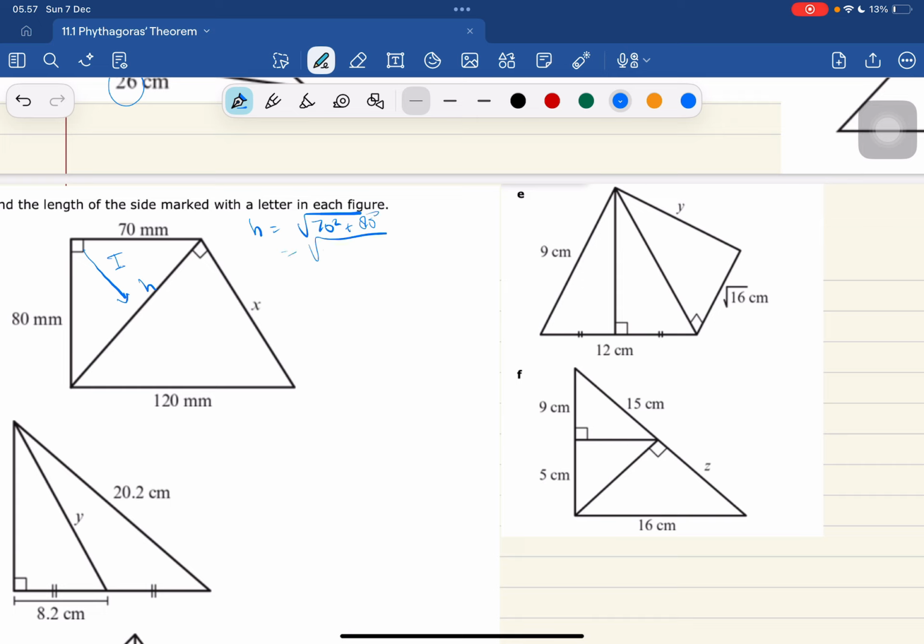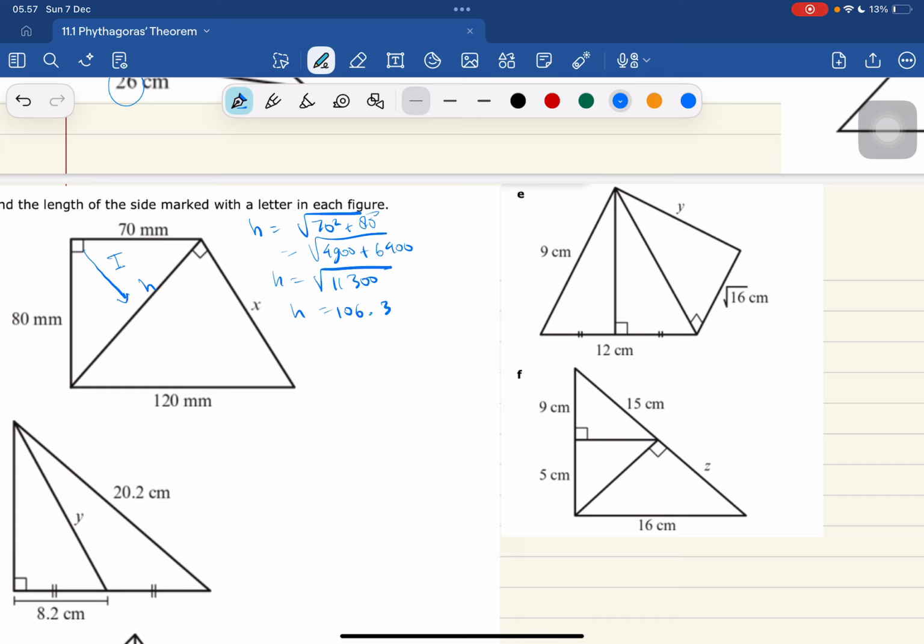So 70 squared is 4,900 plus 80 squared is 6,400. So h is square root of 11,300. So let's find it. What is the square root of 11,300? So h will be 106.3.